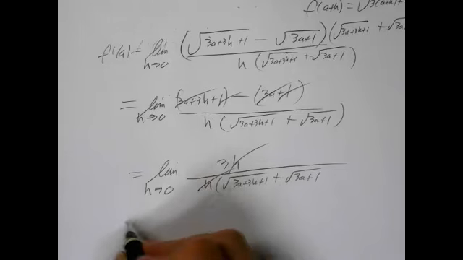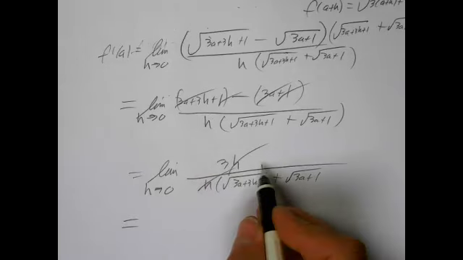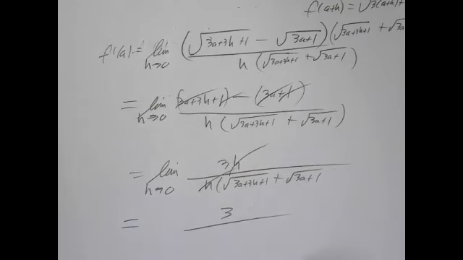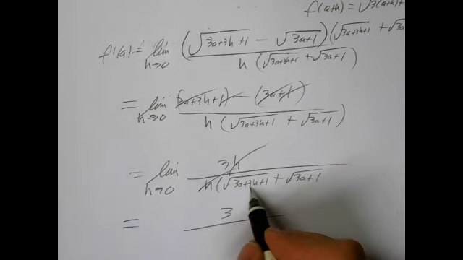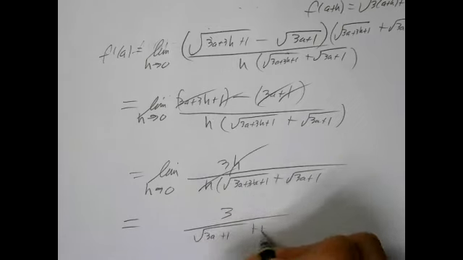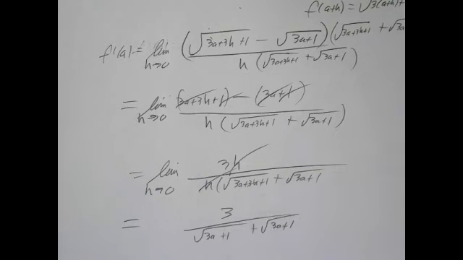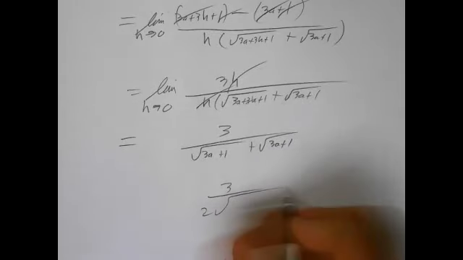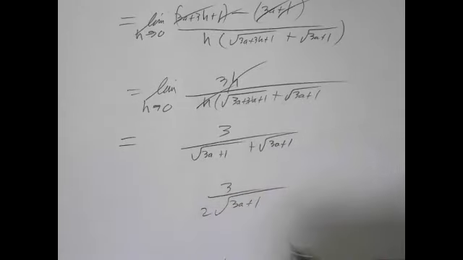So now I'm going to plug in my 0. On top, since h is gone, when I plug in a 0, I just get a 3. Down here, when I plug in a 0, that term zeroes out. So I've got the square root of 3a plus 1 plus the square root of 3a plus 1. So this becomes 3 over 2 square roots of 3a plus 1.